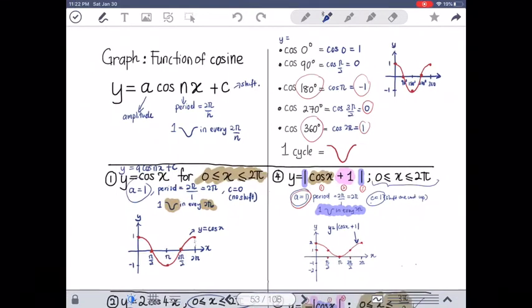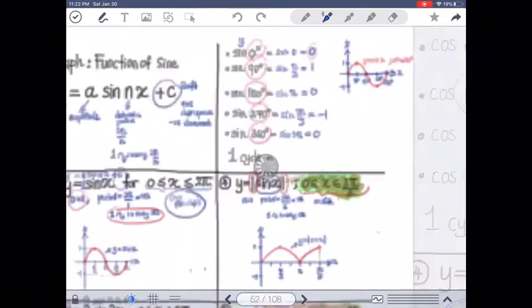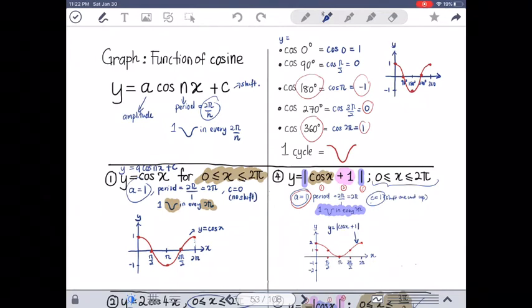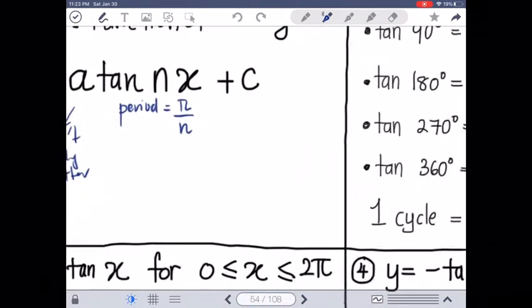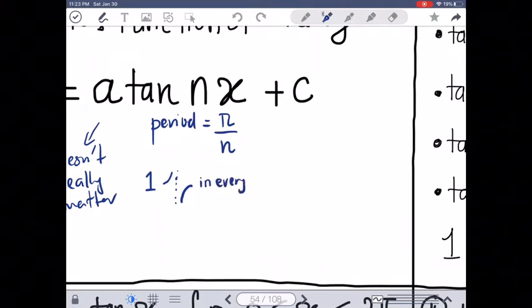It's different from the cosine and sine graphs. For the tan graph, the period is not 2 pi over n but pi over n. And one cycle looks like this. And there will be one cycle in every pi over n.